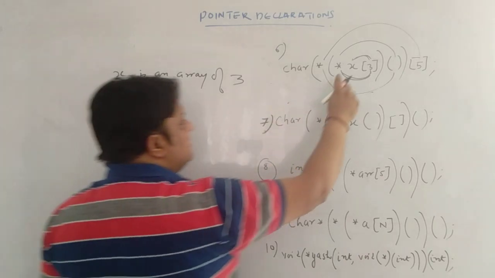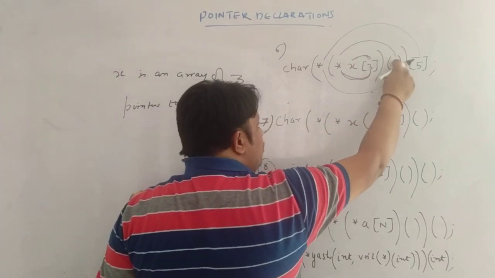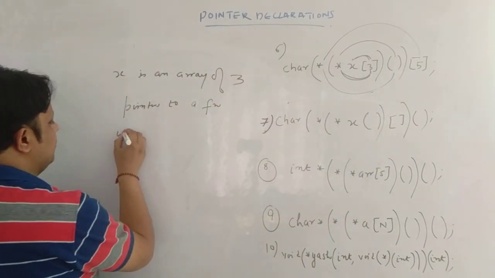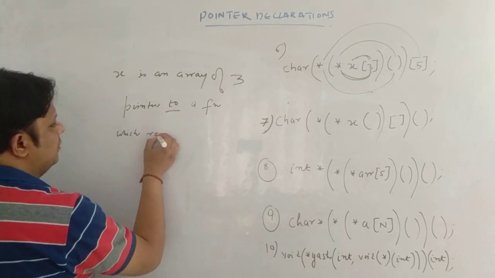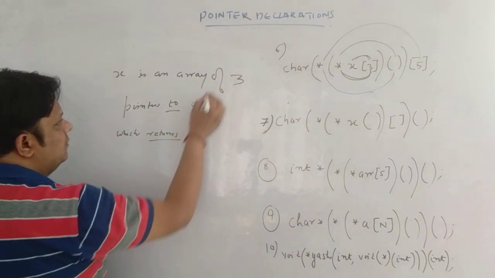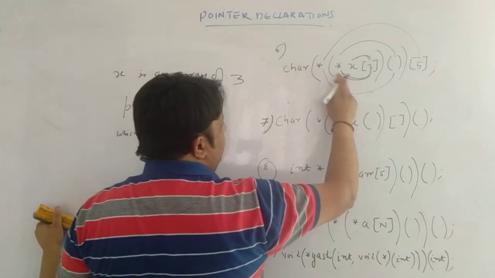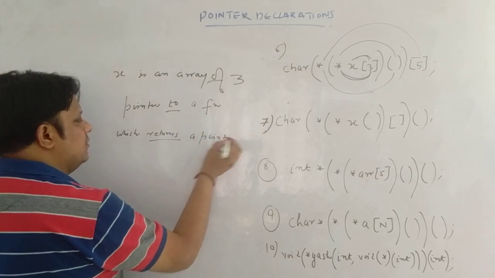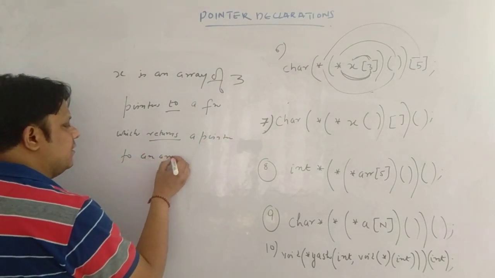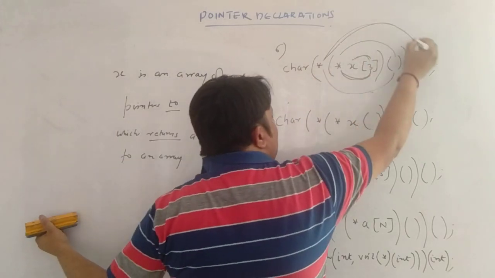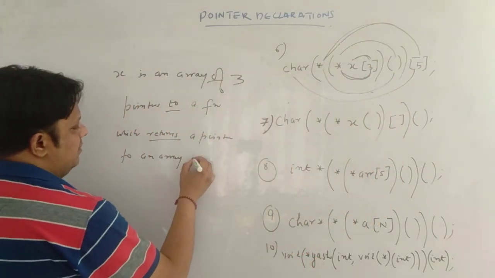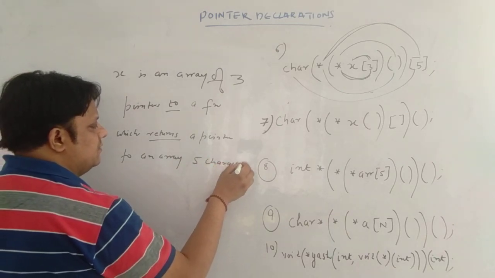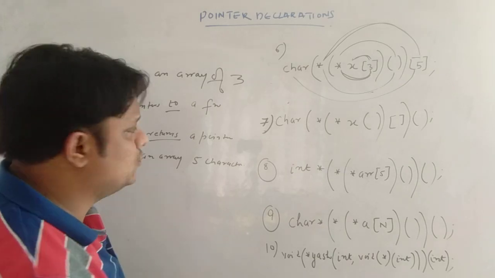Pointers to what? x is an array of 3 pointers to a function which returns a pointer to an array of 5 characters. Fine. I hope it is clear so far.